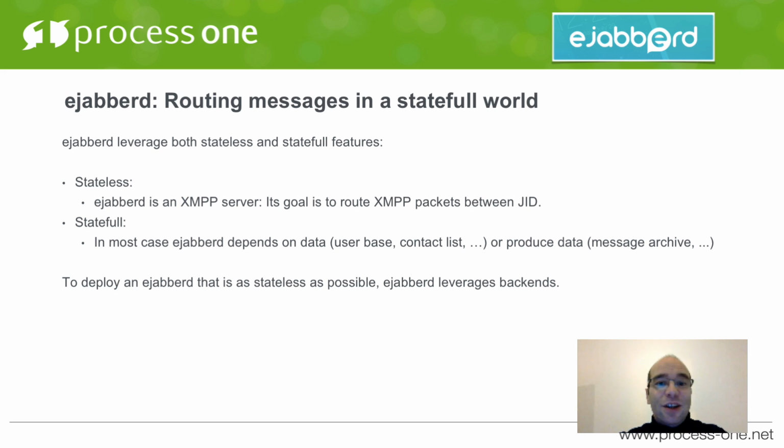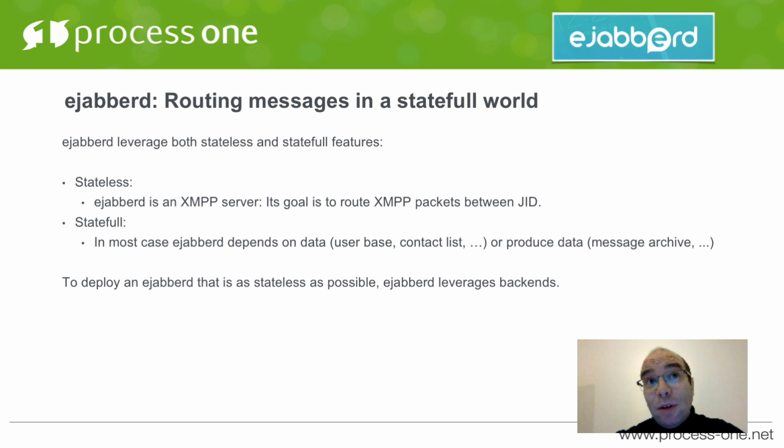You have users that are connected under a JID on an XMPP server, and they send messages to recipients. Those messages are routed either to the server or to other JIDs. So basically, except for the session table, which allows ejabberd to know where each user is connected in the cluster, mostly ejabberd and XMPP are stateless. It's about taking data, putting them at another end, sending that on an XMPP TCP/IP socket, and forgetting about them.